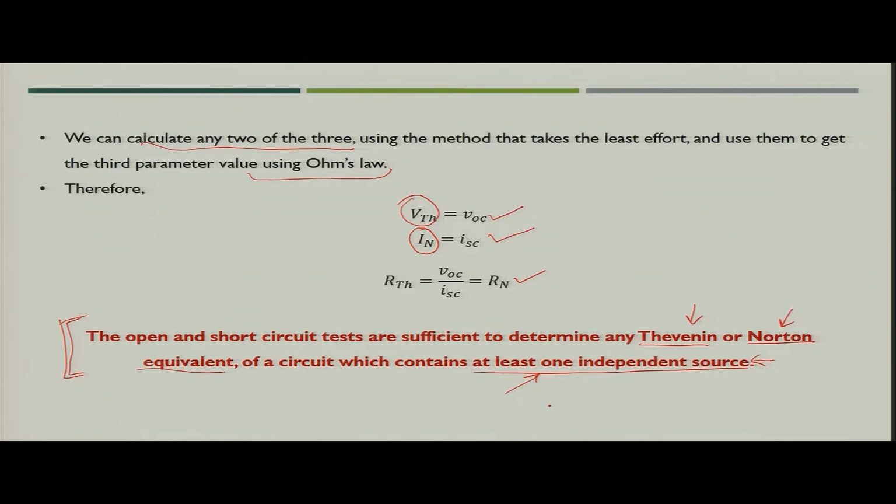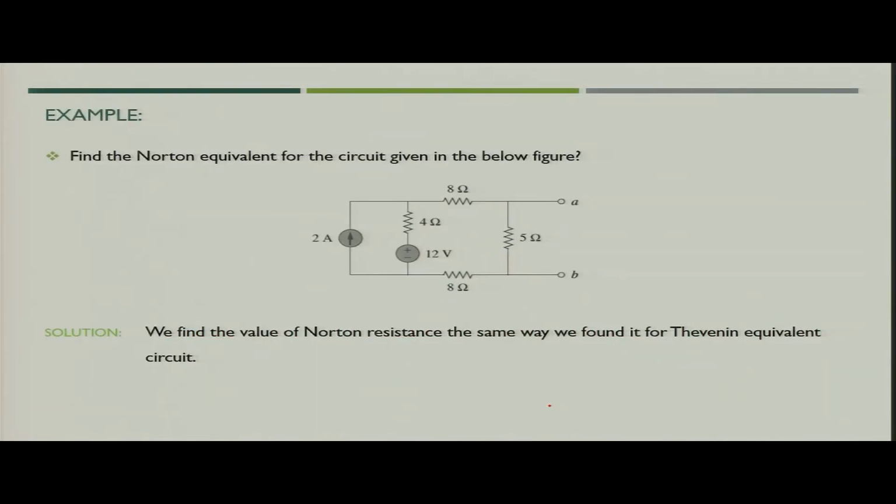Now, let us understand the concept with the help of one example. So, the circuit which is given in the figure, we need to find out the Norton's equivalent of this circuit. Now, we can also find out the value of Norton resistance the same way as we found the value of Thevenin equivalent circuit.